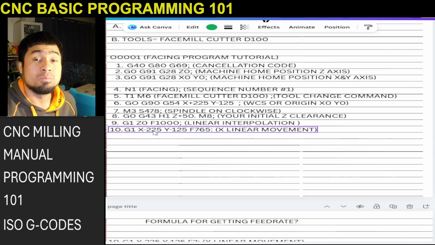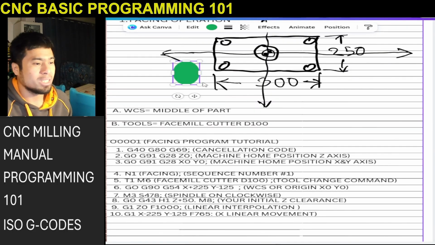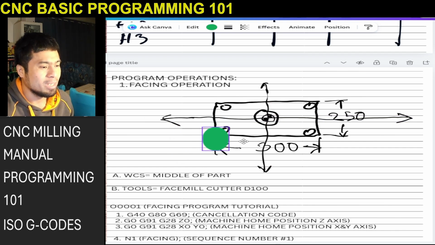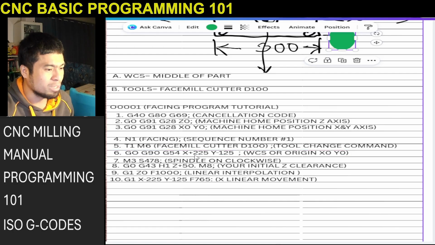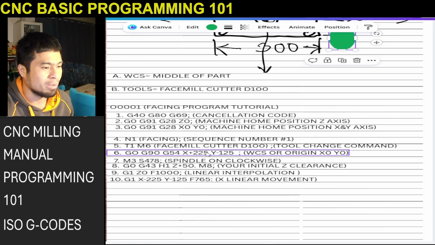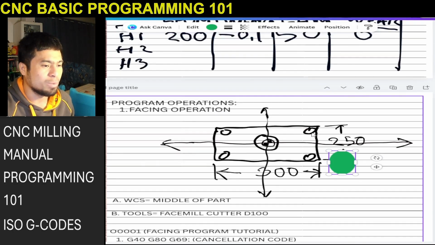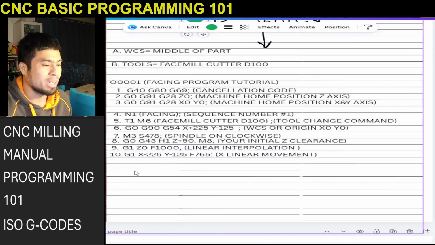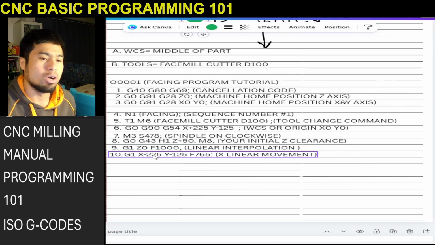Why X negative 225? Because we'll just go to the left side. Our origin is the middle, and this positioning is X positive 225, from our first positioning, in Y negative 125. Since we don't move our Y, we just move our X going to the left.